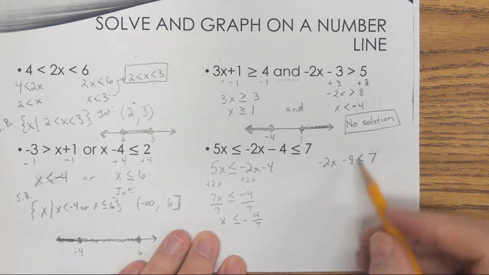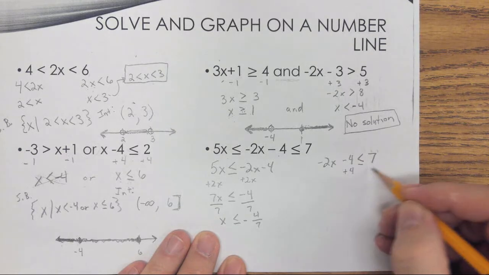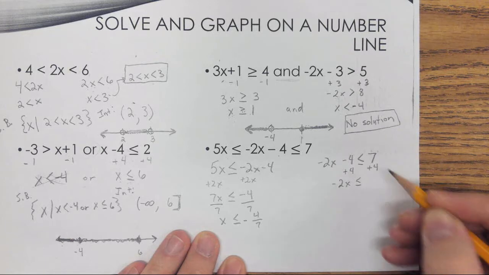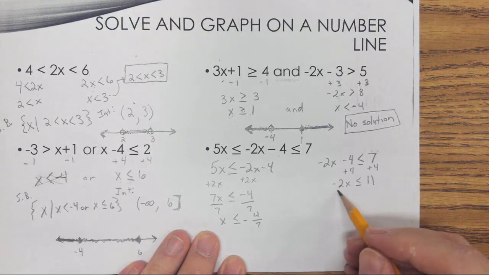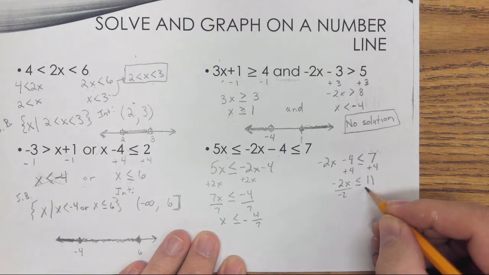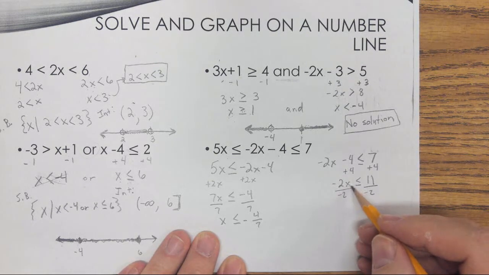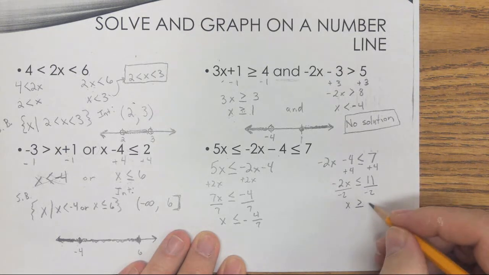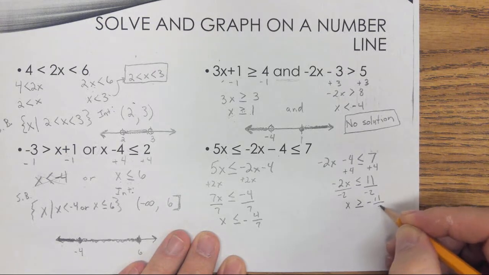Here's this one. Add 4. Negative 2x less than or equal to 11. Divide by negative 2. Remember, we flip our sign. x is greater than or equal to negative 11 over 2.